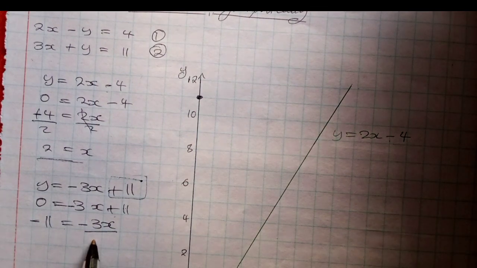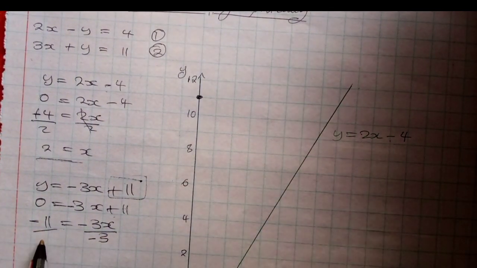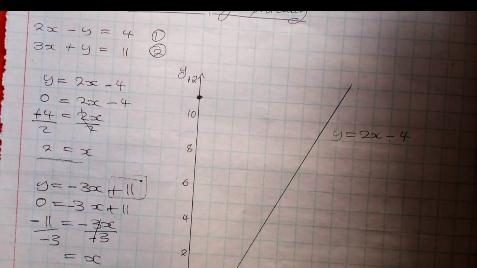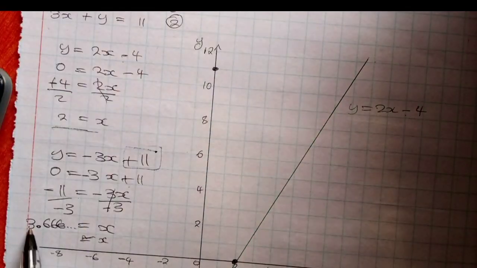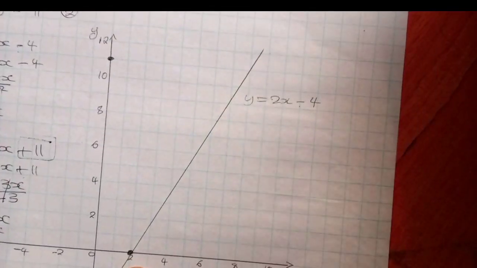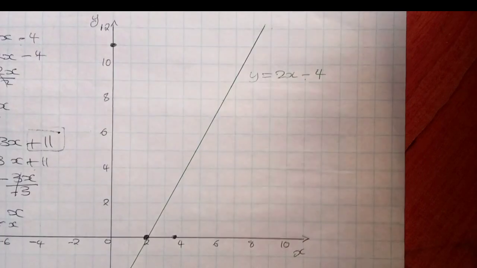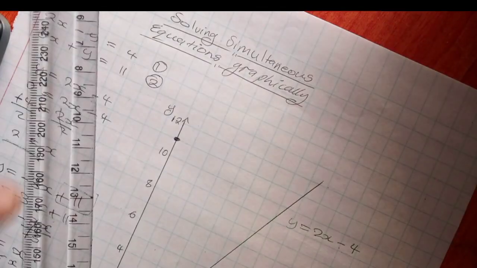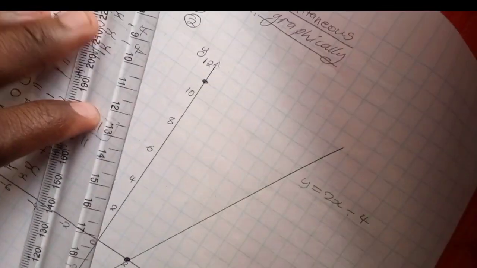Divide both sides by negative 3, and your x equals 3.6666. So 3.666 is somewhere roughly around here. You do the same thing, you join your 2 points to form that straight line.